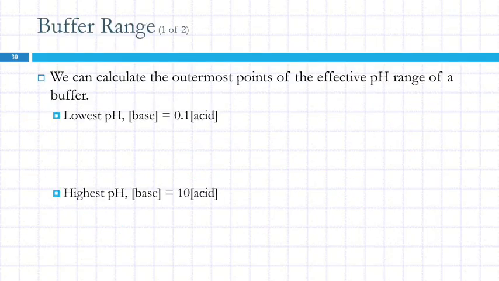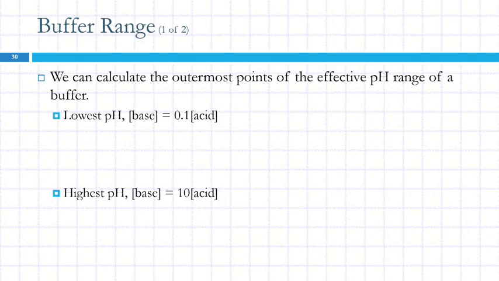So we can calculate the outermost points of the effective pH range of a buffer. So, the lowest pH where it will be effective is when the base is 0.1 times the amount of acid. And the highest pH where it will be effective is where the base is 10 times the acid.